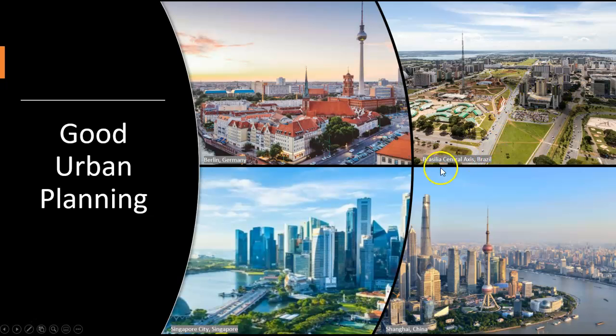And then this too, the Brasilia Central Axis in Brazil, is considered a feat of good urban planning, where you've got buildings and apartments and easy to travel streets all surrounding a central plaza that you can walk through and eat in. It's multifunctional and it's easy to traverse. Really good urban planning is urban planning designed for human beings.